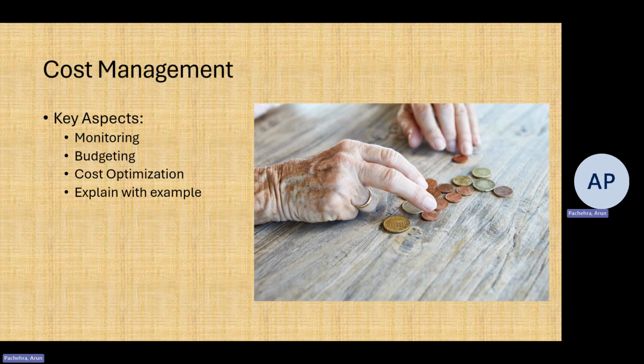Tools like Azure Cost Management provide detailed reports on cloud spending, helping identify which services are costing the most or are underutilized. Setting budgets for different projects or departments ensures spending does not exceed the plan, and identifying unused or underutilized resources reduces waste. For example, shutting down unused VMs or resizing over-provisioned resources.